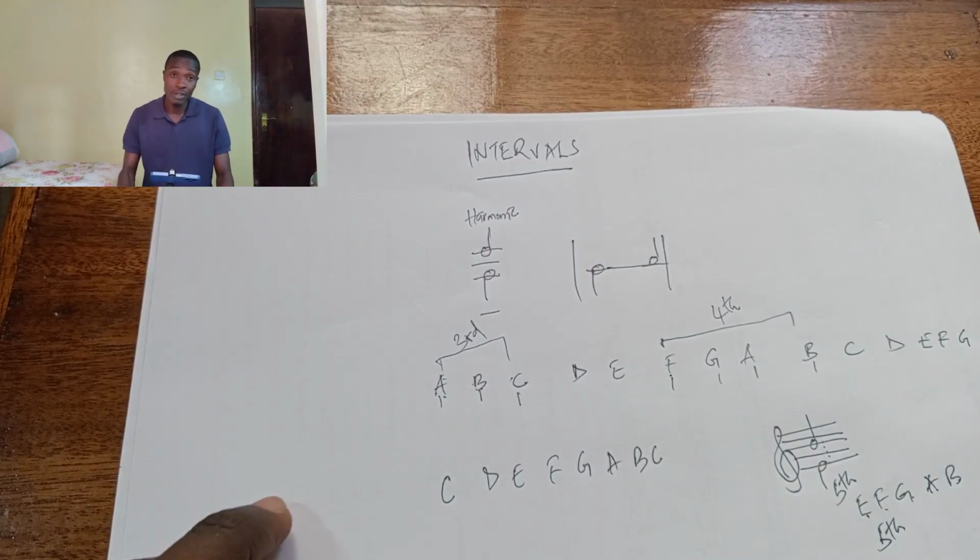Now, the intervals which are major are seconds, thirds, sixths, and sevenths. We have only 4 intervals which can be major within an octave, and those are just 4: seconds, thirds, sixths, and sevenths.